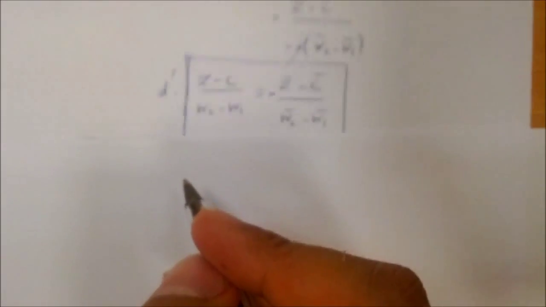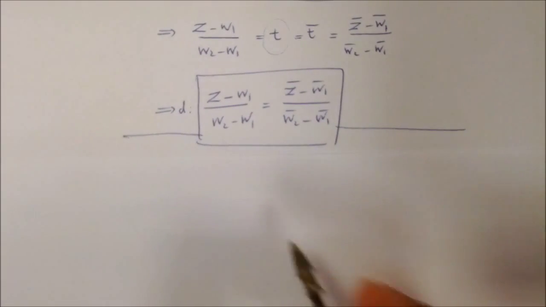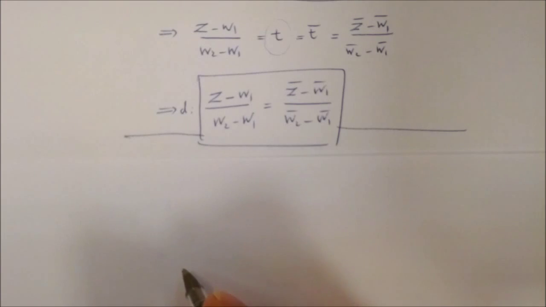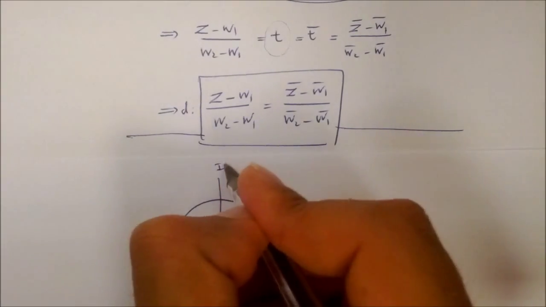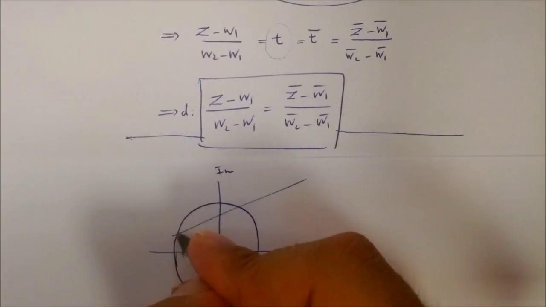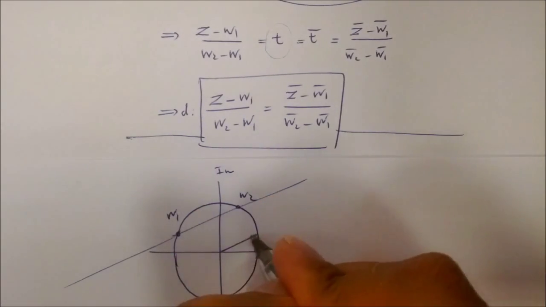So if I consider the equation of the line D, which was like this, and now I consider 2 points, this is the complex plane, this is W1 and W2, this is the unit circle.